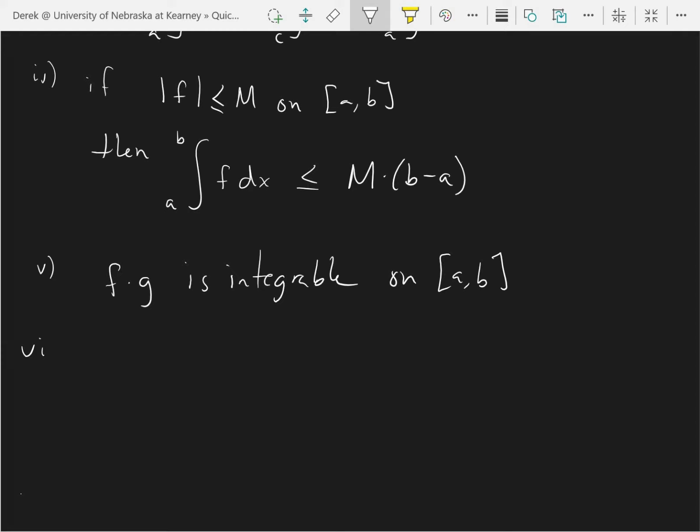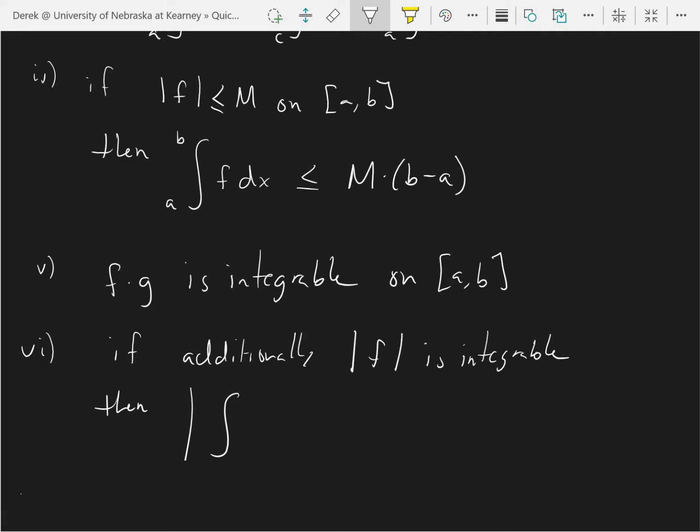And the sixth thing, if additionally the absolute value of f is integrable, then the absolute value of the integral of f dx is less than or equal to the integral from a to b of the absolute value of f dx. Okay.